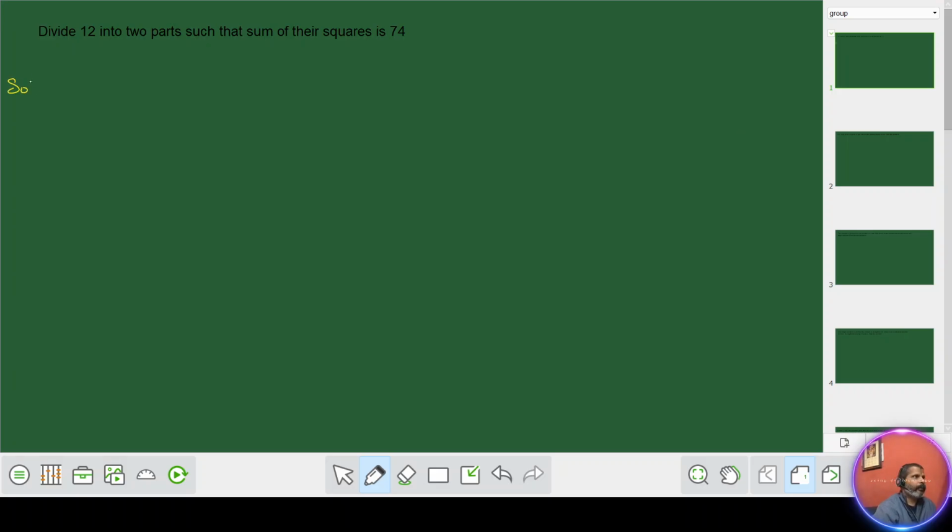Solution is, we know there are two parts whose sum is 12, okay? Divide 12 into two parts such that the sum of the squares is 74. How do we start? There are two parts, they said, and their sum is 12.